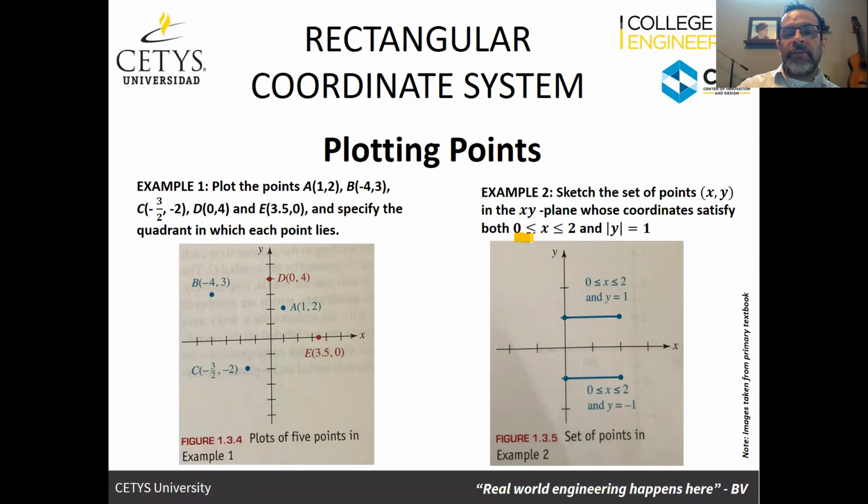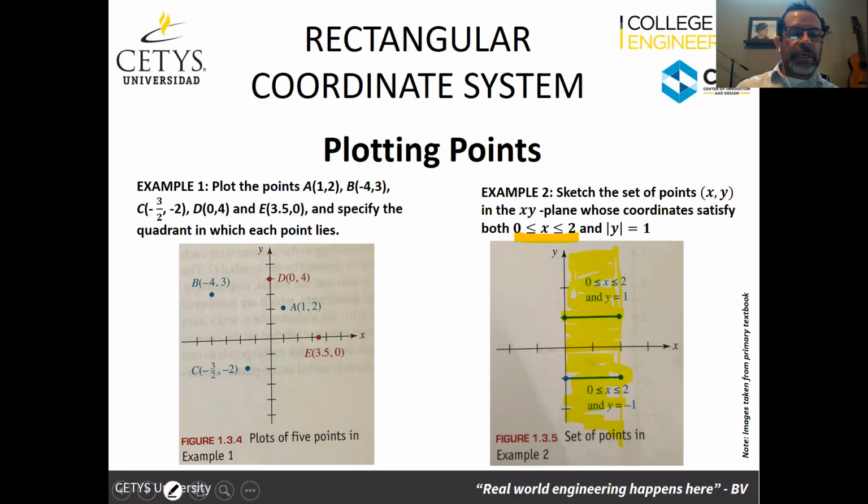Remember that this is just identifying the number line, so these are the values here. This is regardless of the value of y. These are all of the values between 0 and 2, and they're going to extend all through the negative as well.